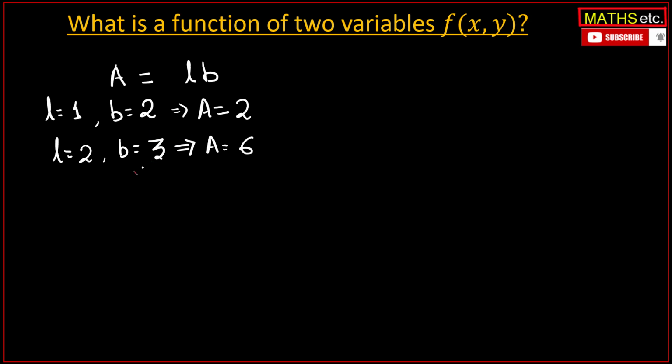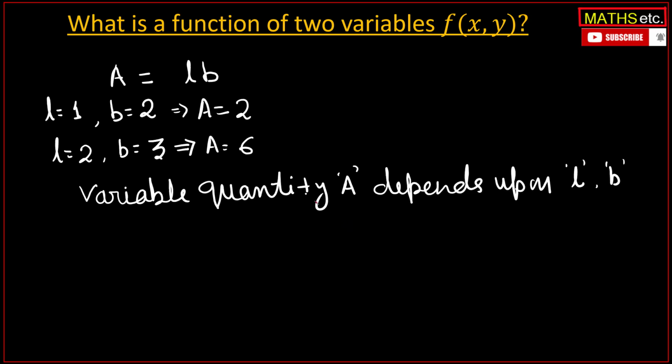So we can say the variable quantity area depends upon the variable quantities length and breadth. And whenever a quantity depends upon some other variable quantity or quantities, the concept of function comes into picture. So this statement we can easily replace by A is a function of L and B.